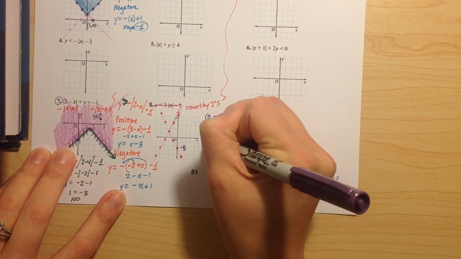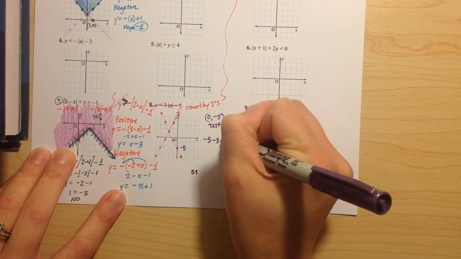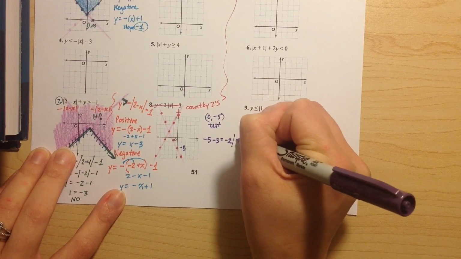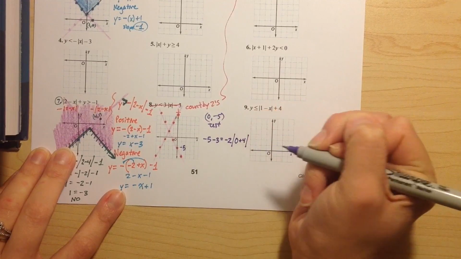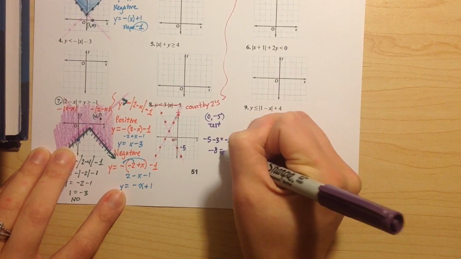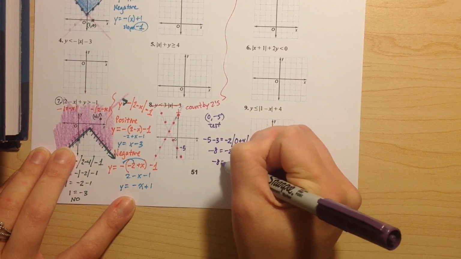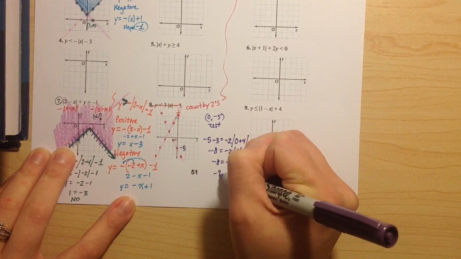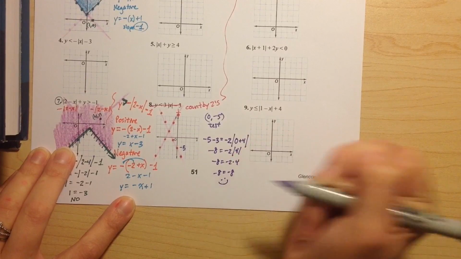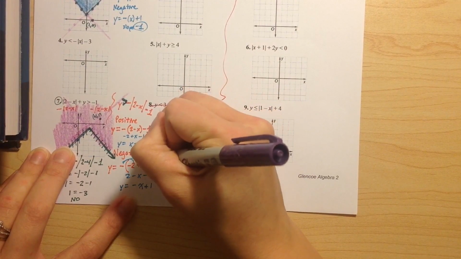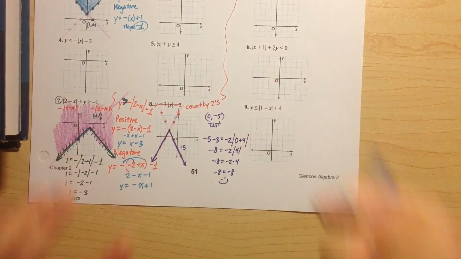I should have y minus 3 equal to negative 2 times the absolute value of x plus 4. That's going to get me negative 8. This is negative 2 times the absolute value of 4, which is just 4, which gives me negative 8. Glorious, meaning I like this graph right here, the lower v.